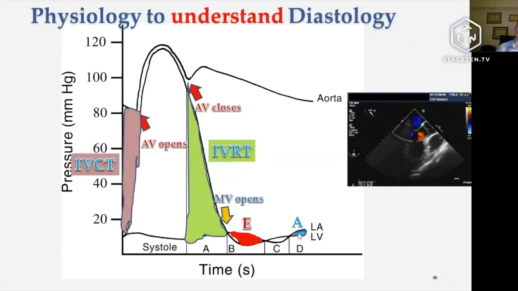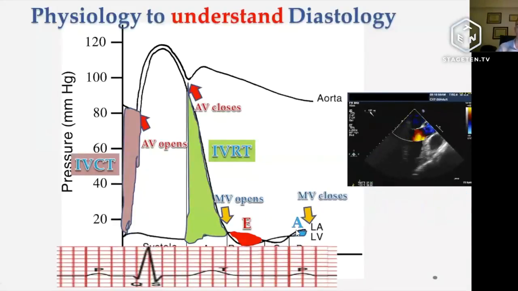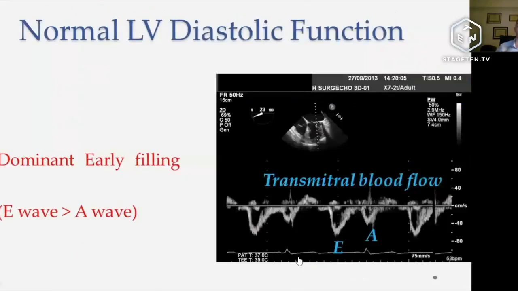Then the atrial contraction increases the pressure in the left atrium, the mitral valve opens, and there is the second part of the filling in a patient with sinus rhythm. As you can see, this is the ECG plot, and the P wave corresponds to the atrial filling. So in a patient with normal diastolic function, we have a dominant early filling in the transmitral blood flow.